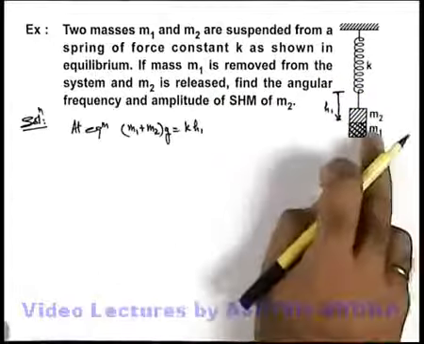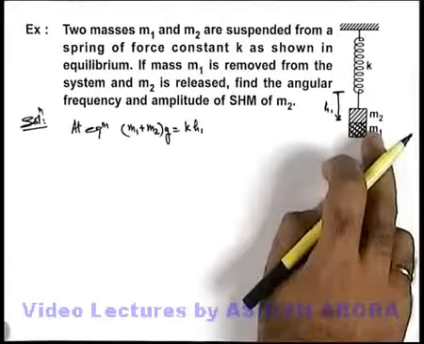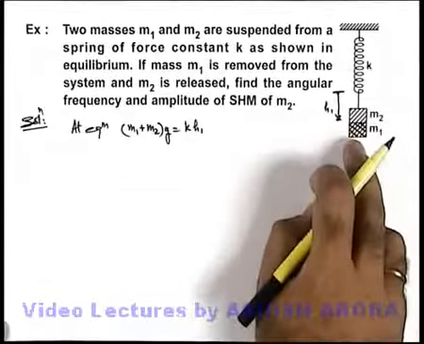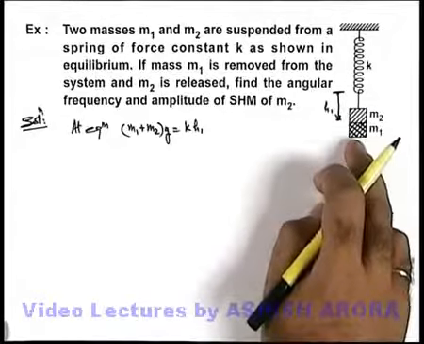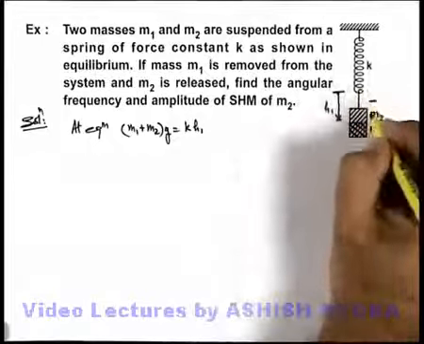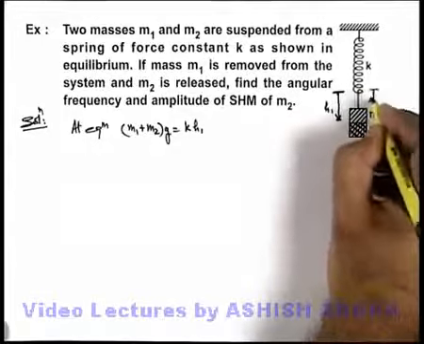Now if m1 is removed, the new equilibrium position will no longer be the same because the overall weight is reduced. So the equilibrium position for M2 would be somewhere at a higher position, where the extension of the spring would be h2.